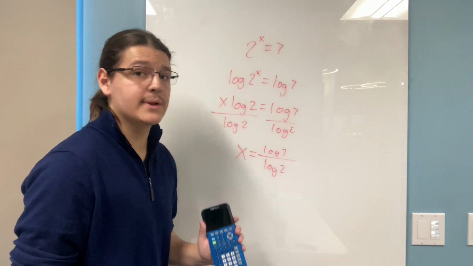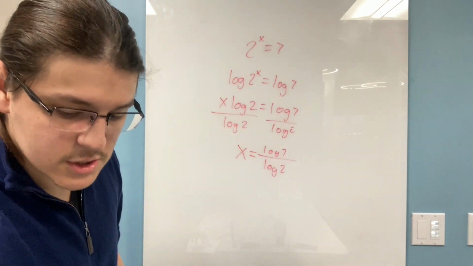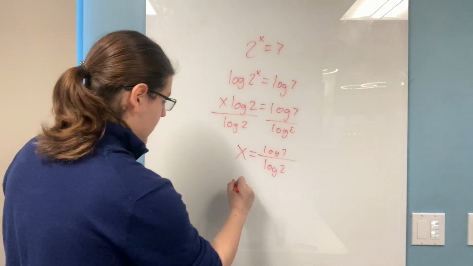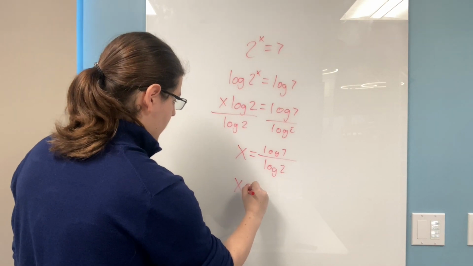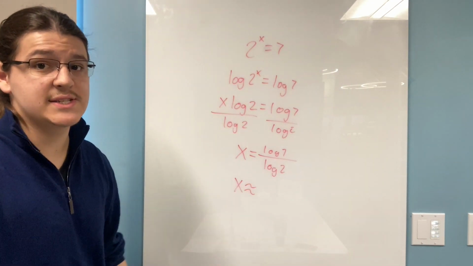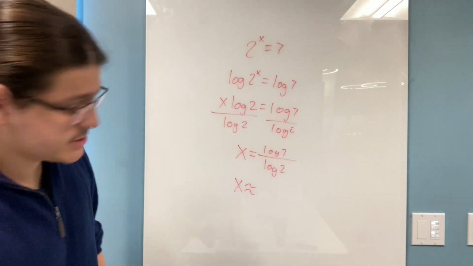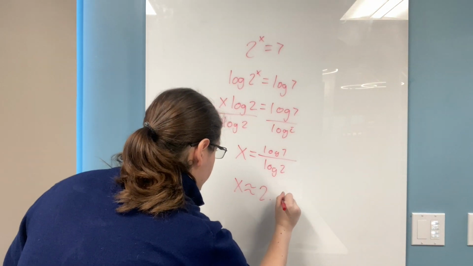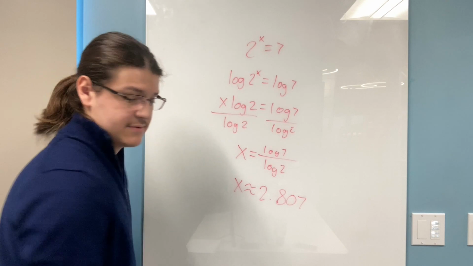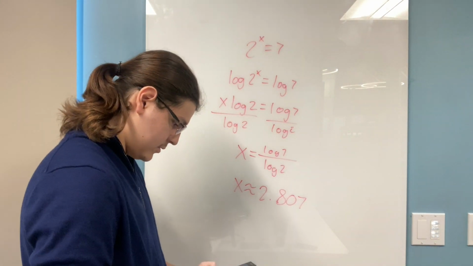Now this is the common log, just to reiterate again. So I know the answer is x is approximately, I'm using approximately because it's very crazy decimals, I'm going to be rounding here, 2.807. Now I'm going to plug that into my calculator real quick.